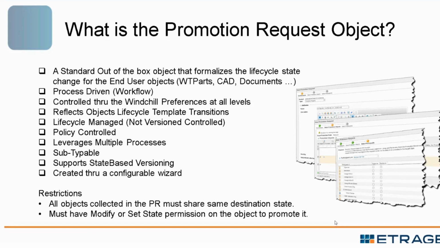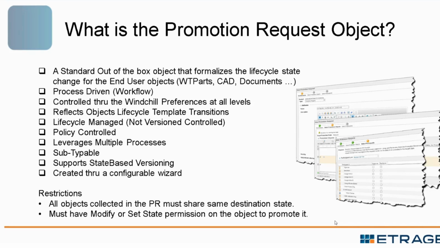You can subtype it, and typically you would do that again to control, based on some condition, what potential workflow routing the process should go through. It supports state-based versioning. We'll break that one down and explain it later. And again, it's created through a wizard that is semi-configurable.